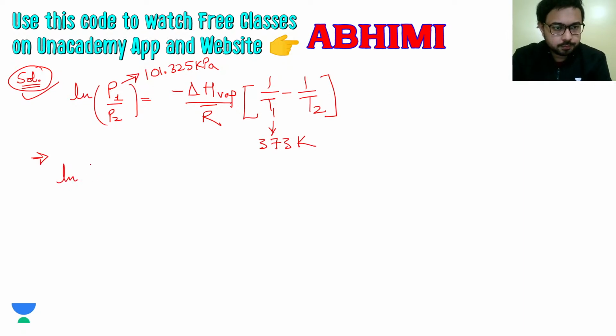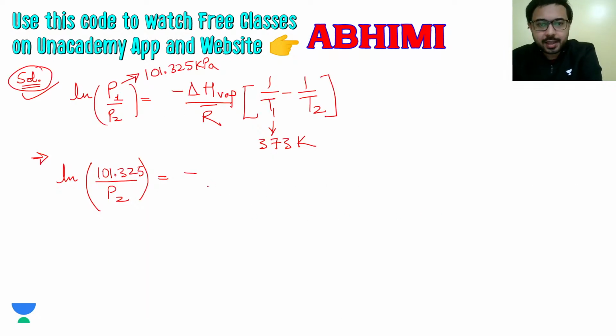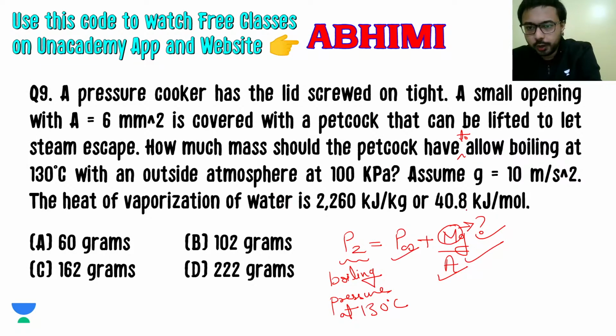So ln of P2 over 101.325, P2 we have to calculate. The heat of vaporization of water is this, and since we are using the universal gas constant 8.314, which is kilojoule per Kelvin kilomole, we have to use this value 40.8.